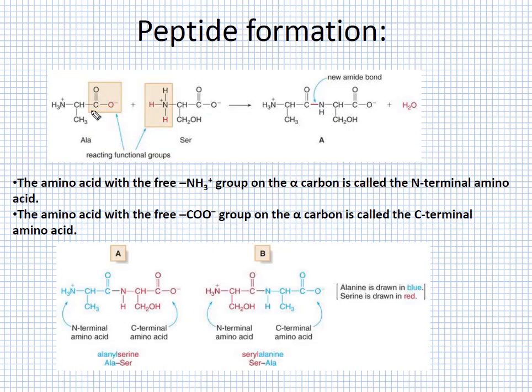So as I mentioned before, this is the carboxylate of one amino acid reacting with the ammonium of another, and we get the peptide bond, right? The peptide bond between these. Now notice, say we're spelling a word, right?